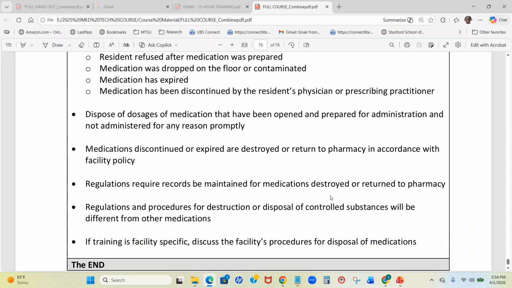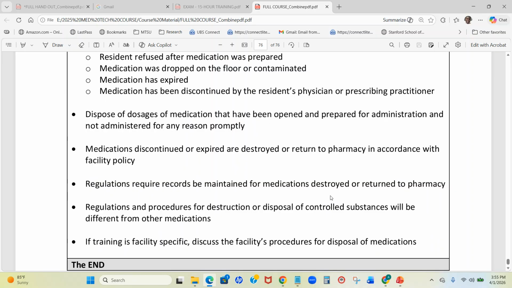Dispose of dosages of medication that have been opened and prepared for administration and not administered for any reason. Dispose of it promptly. Medication discontinued or expired is destroyed or returned to pharmacy in accordance with the facility policy. Regulations require records be maintained for medication destroyed or returned to pharmacy.